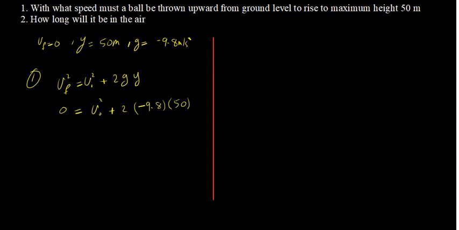Just by rearranging our formula, that will make the initial velocity squared equal 980, but we are looking for the initial velocity, so we're going to put this under a square root.